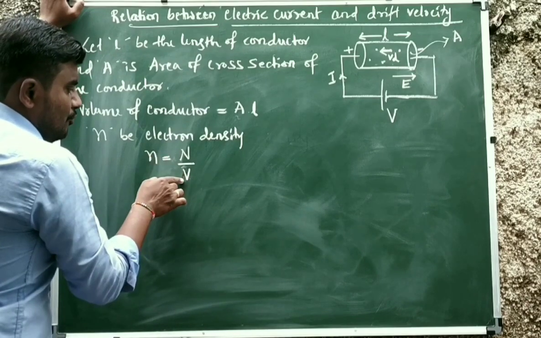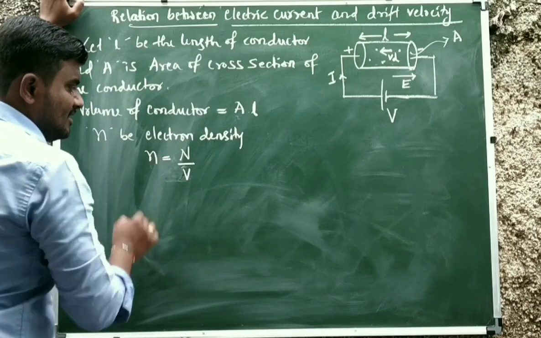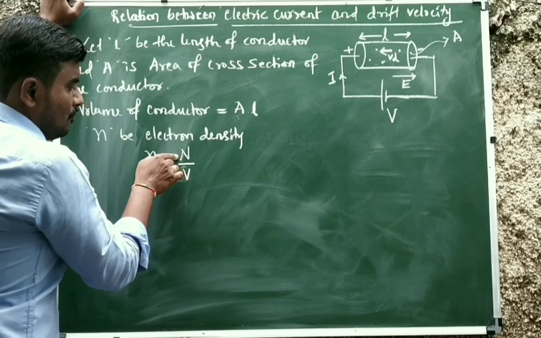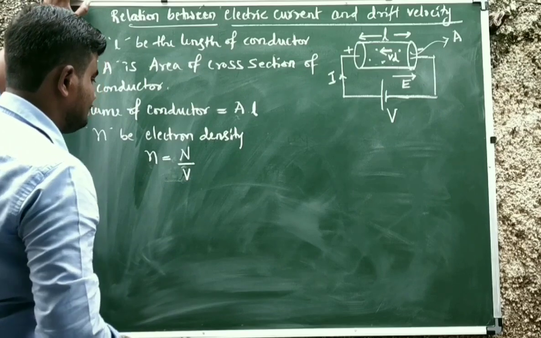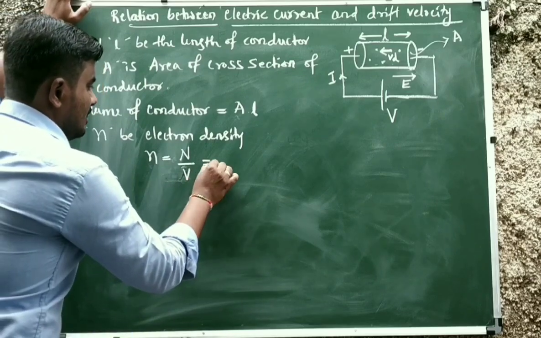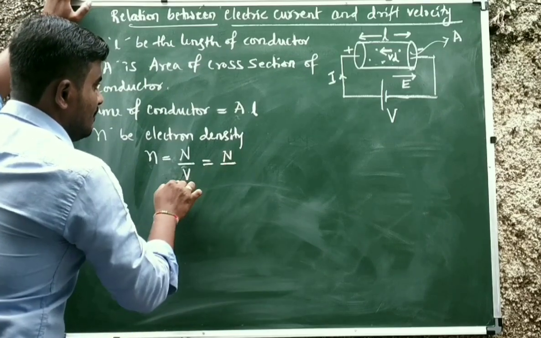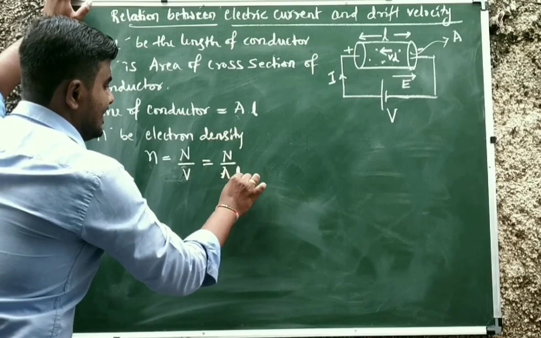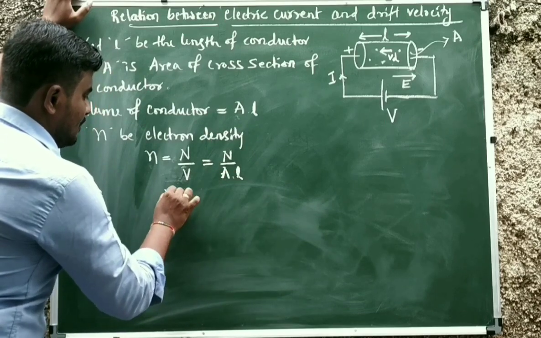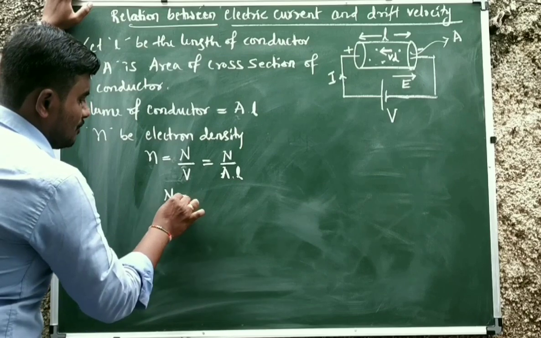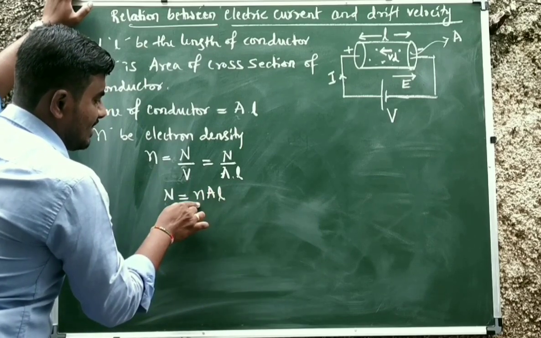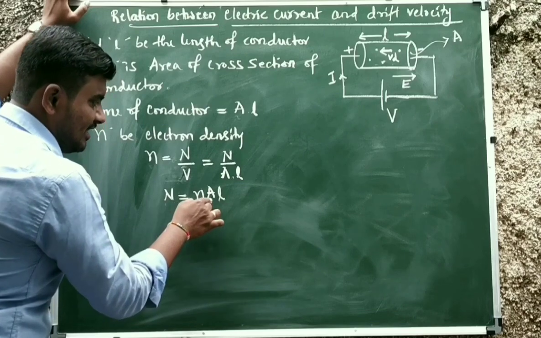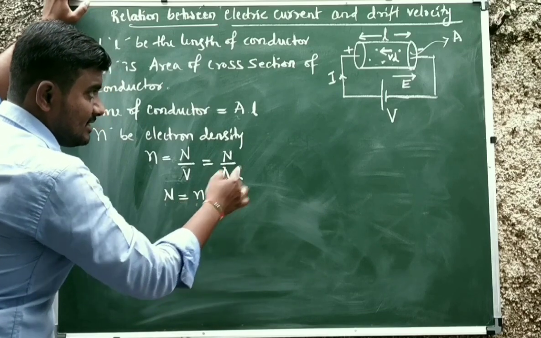Number of electrons per unit volume is called number density, or total number of electrons is equal to number density into volume. That way also I can write. So total number of electrons N is equal to n A L, where n is electron density, A is area, and L is length.